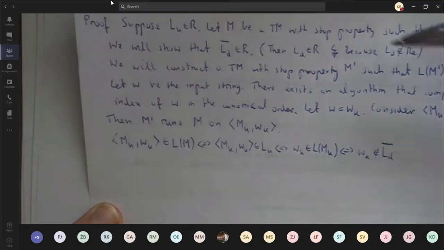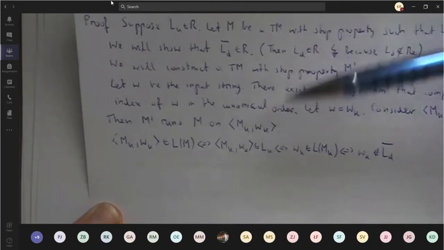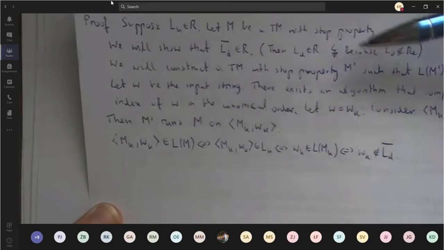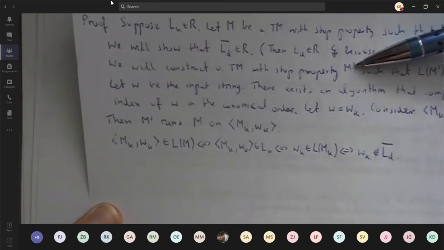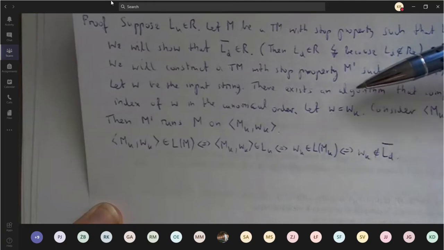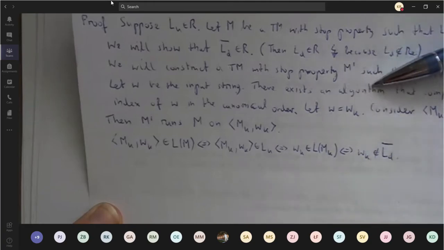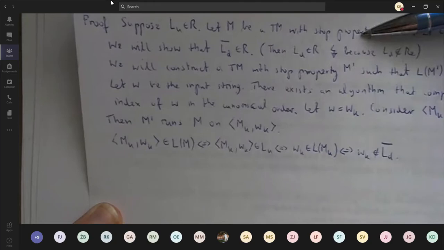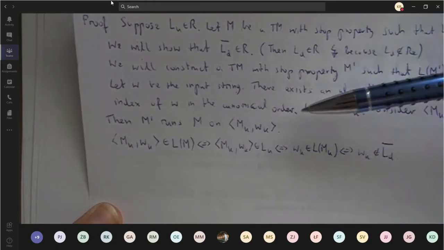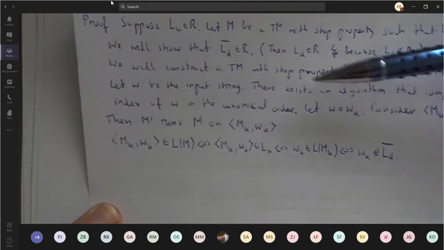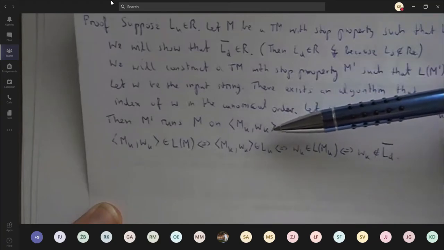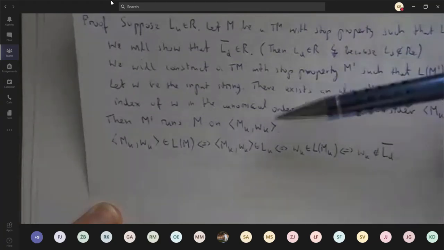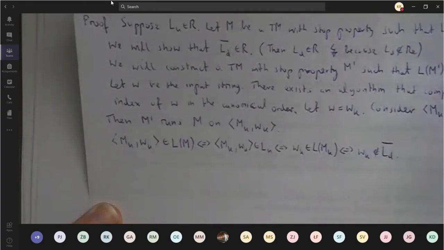Okay, so we have this Turing machine M prime. First, it uses an algorithm, a Turing machine with stop property. Then it simulates M, and M is also a Turing machine with stop property. So M prime always halts on every input, so it is a Turing machine with stop property, because both this algorithm and M have the stop property.